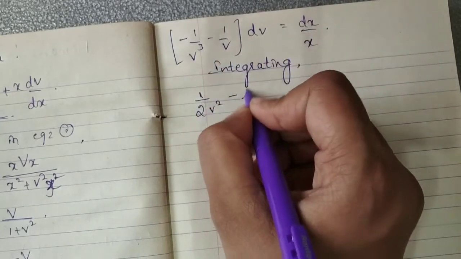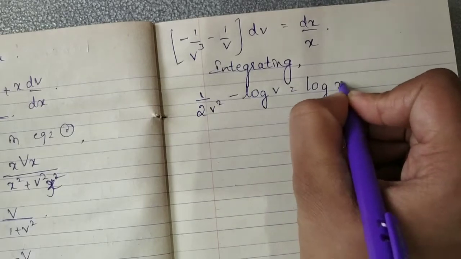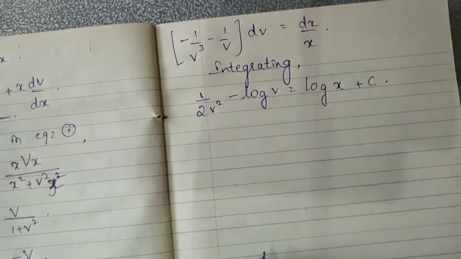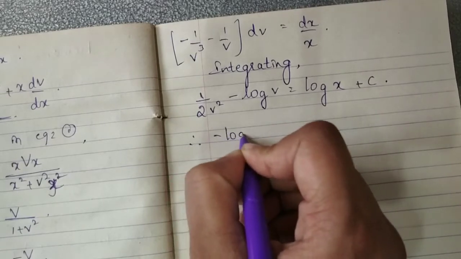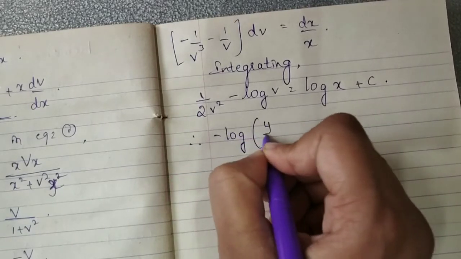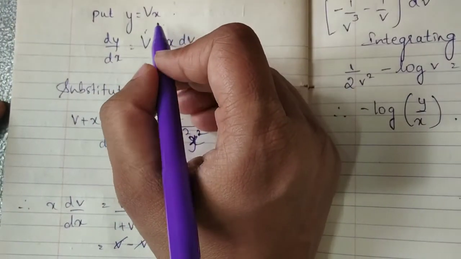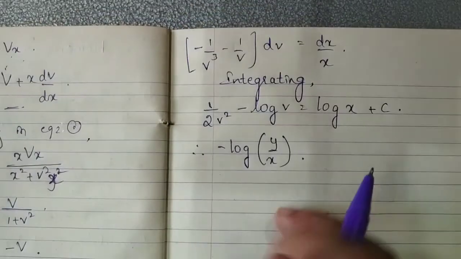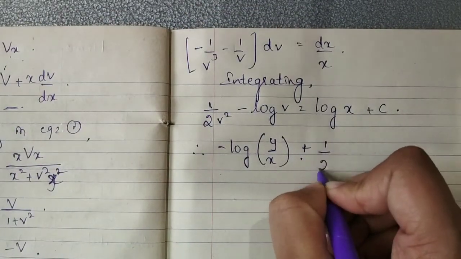Log v here equal to 1 by x in our integration log x plus integrating constant c. Therefore, here minus log of y by x, because we know that y equal to v into x, which implies v equal to y by x, plus 1 by 2.